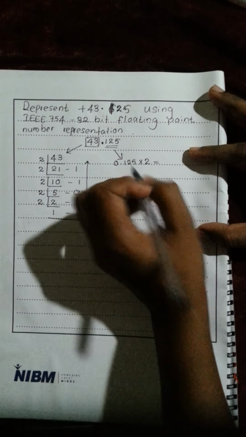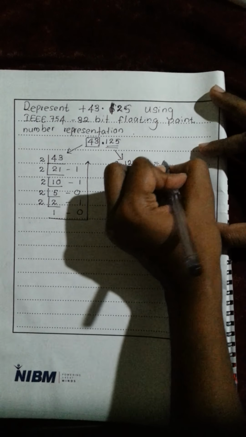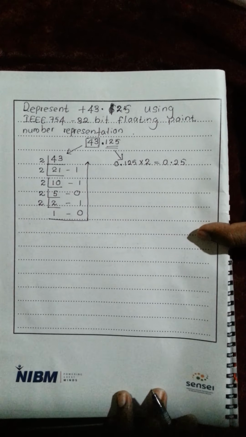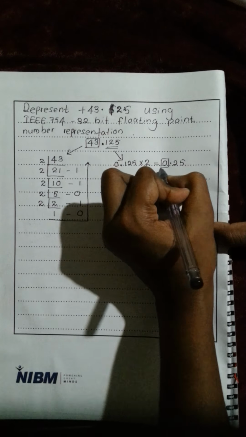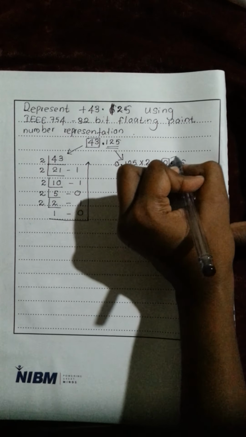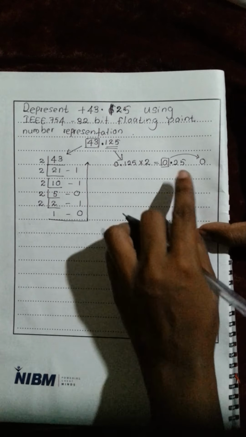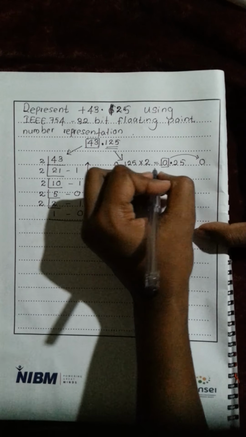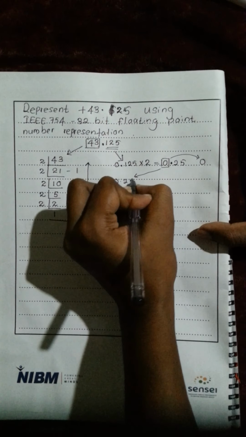Right, if we multiply 0.125 by 2, we get 0.25 as the answer. So what I have to do now is take the value before the decimal point. We have 0 here. I just write this 0 here, right? So if we take the 0 from 0.25, the remaining value is 0.25.